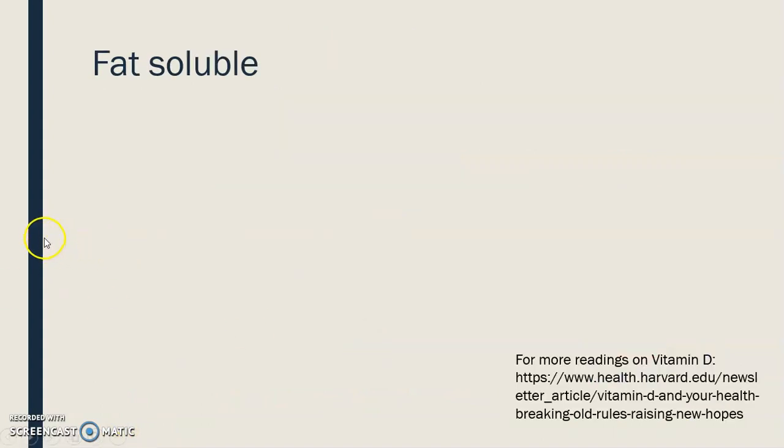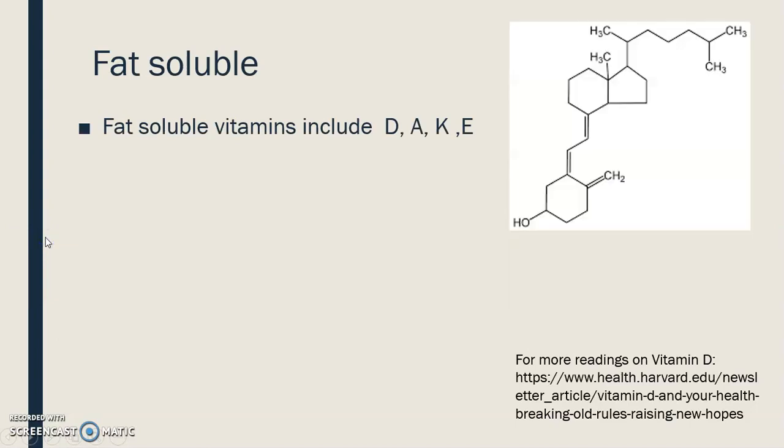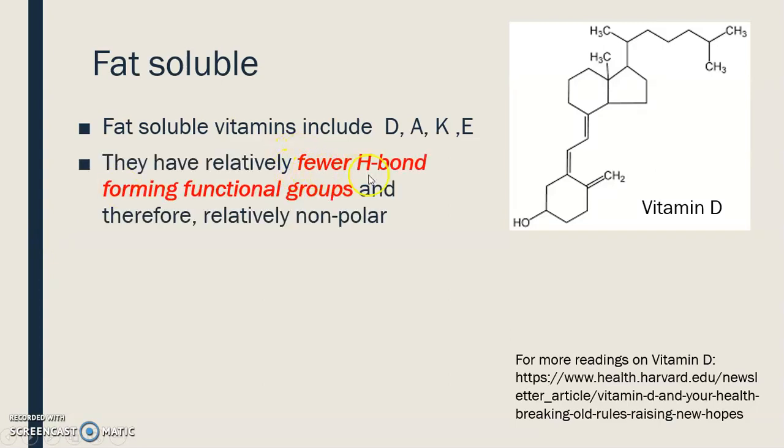Fat-soluble vitamins include vitamins D, A, K, and E. You don't have to memorize it, but when you're presented with a structure, you should be able to tell that it's fat-soluble because it has relatively fewer hydrogen bond-forming functional groups, like hydroxyl groups or carboxyl groups. If you look at vitamin D, the major part of it is nonpolar, so the entire molecule is relatively nonpolar.